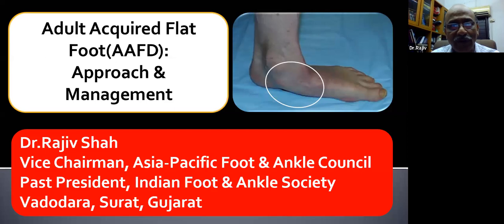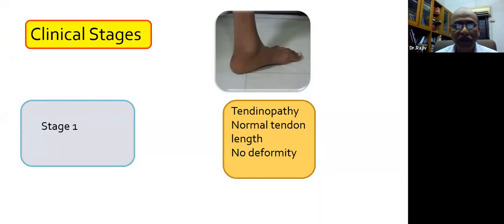But what we are going to discuss is one of the most common varieties of flat foot, that is adult acquired flat foot, or tibialis posterior insufficiency giving rise to flat foot. There are 4 stages of this flat foot, and the whole approach and management of the flat foot is about defining the stage.